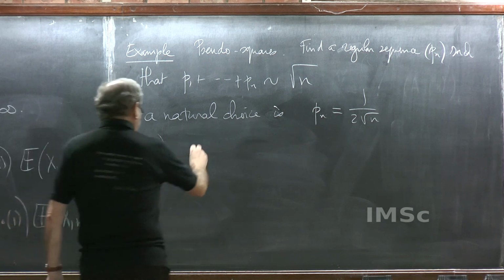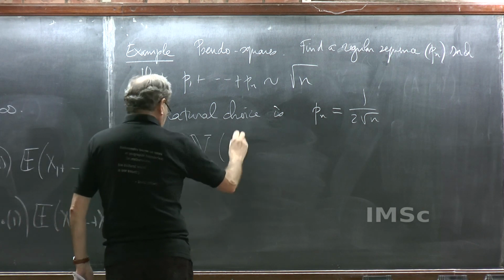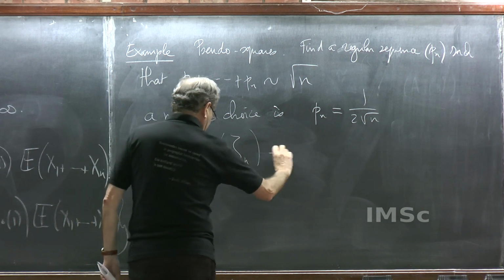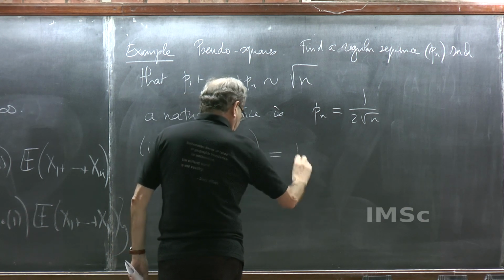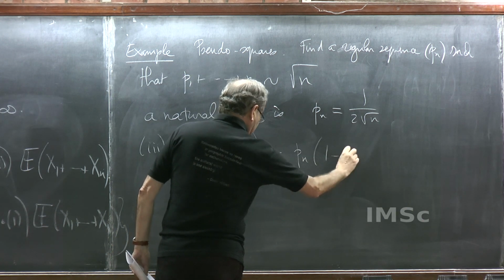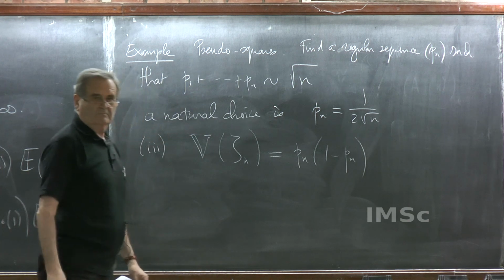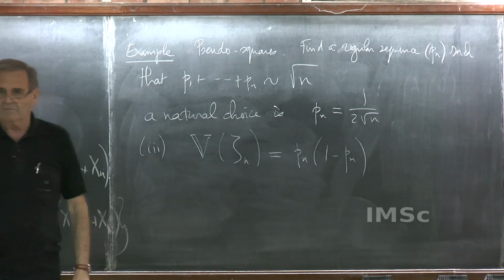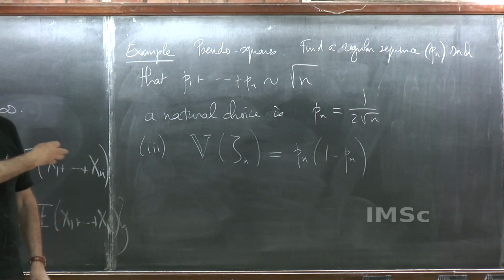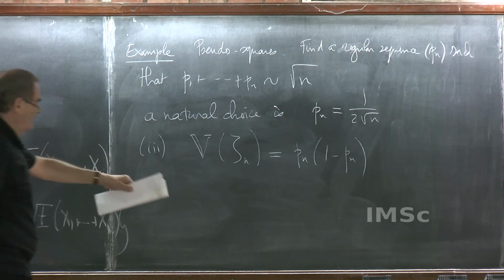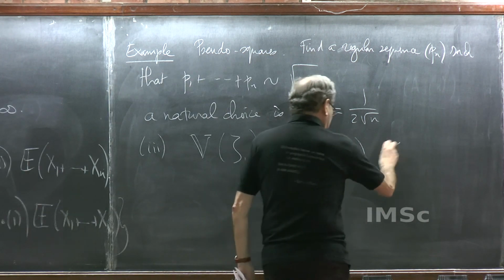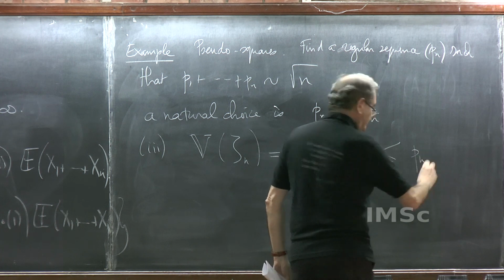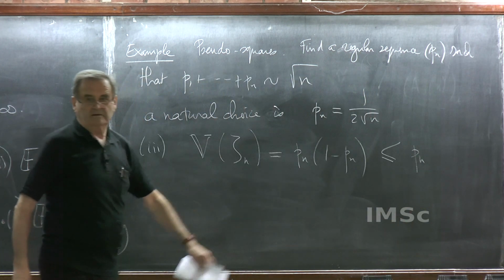We know that V of zeta n is Pn times 1 minus Pn, a Bernoulli random variable. But essentially, as regards the summation, up to a constant, this is exactly Pn. I don't lose anything by saying that this is Pn.